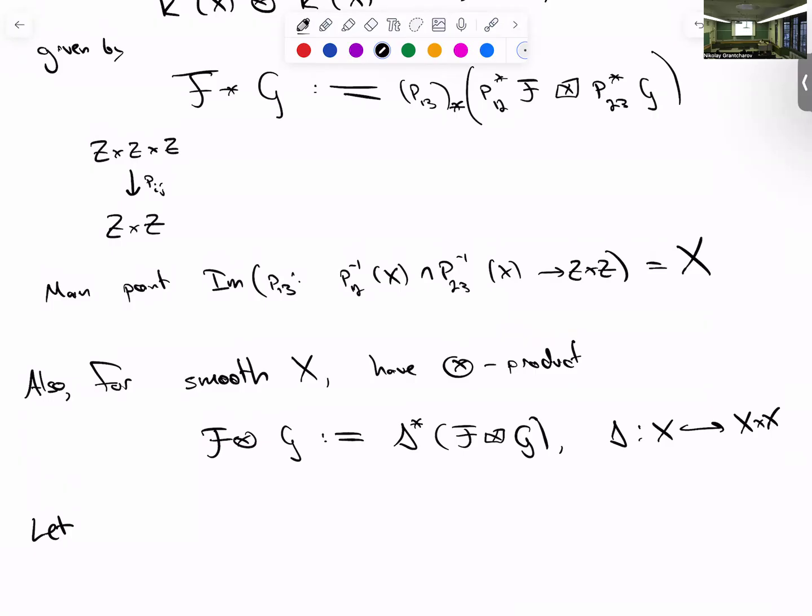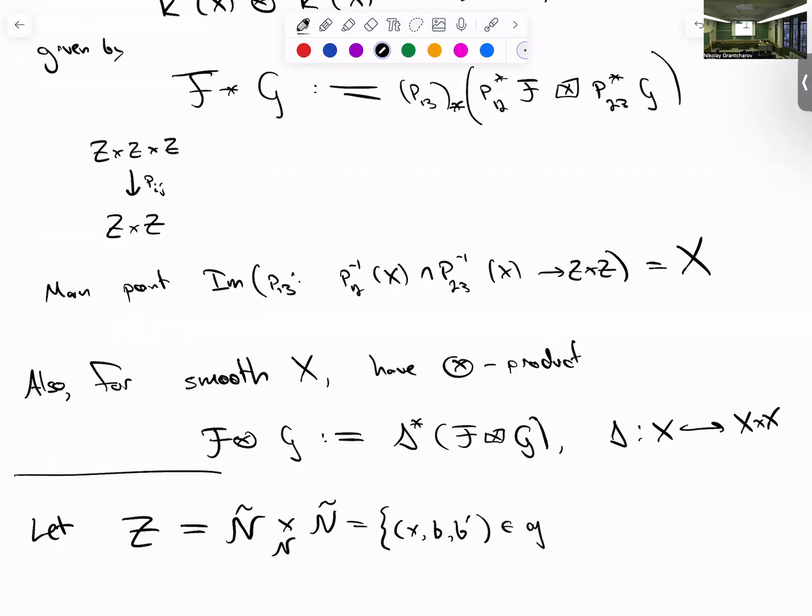Okay, so I'm going to now use the standard notation for Steinberg, which is given by a capital Z. This will be defined by this fiber product of Springer with Springer over the nilpotent cone. And just as a set, this consists of triples (x, B, B'), where x is an element of the Lie algebra, and B and B' are Borels which contain x.